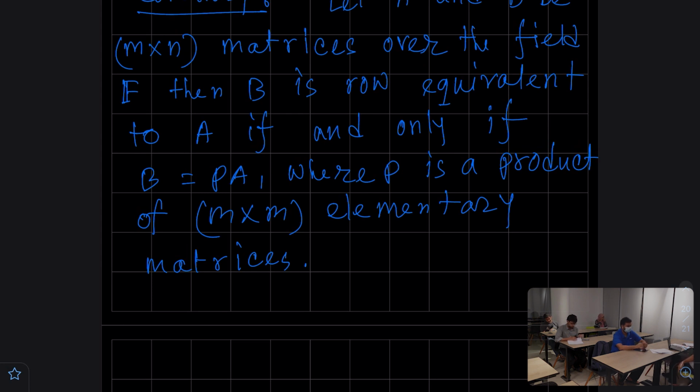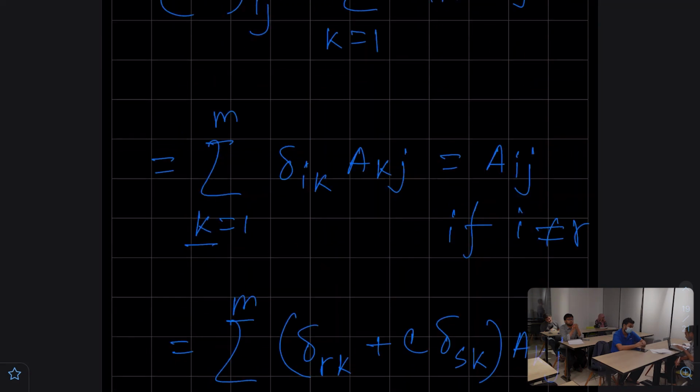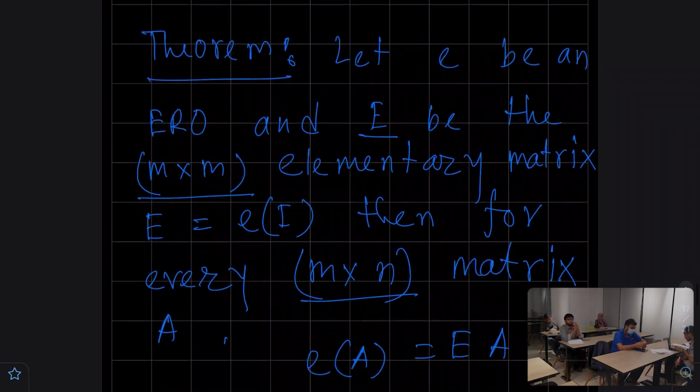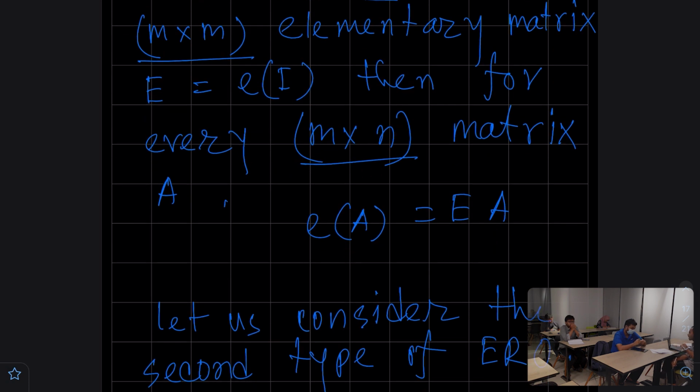That was the condition. We defined it that way. And from the previous theorem, we see that if e is an ERO and E the m cross m elementary matrix, then for every m cross n matrix A, e(A) is equal to EA. So that means we took a finite sequence of EROs, and for every ERO, I can construct an elementary matrix, right?